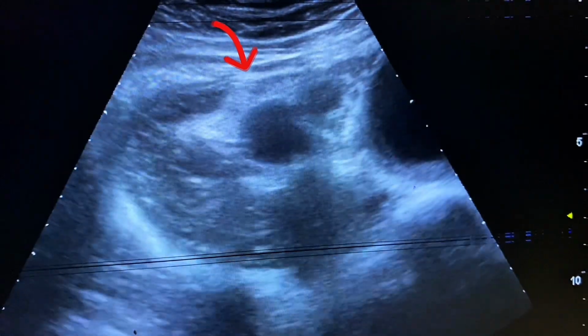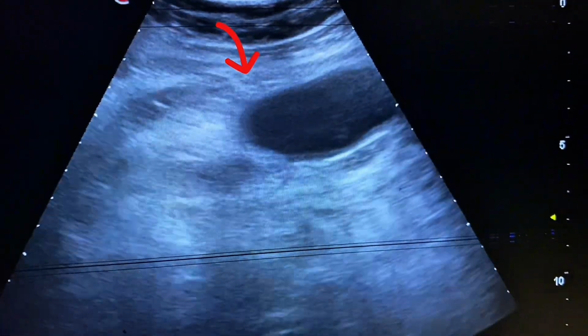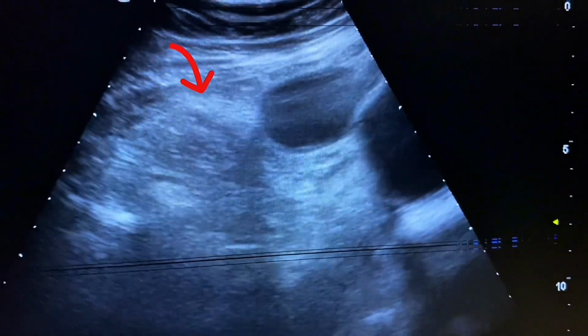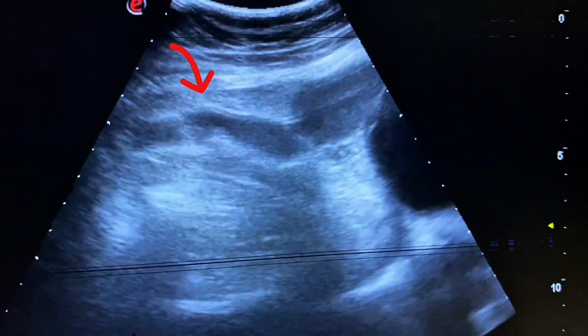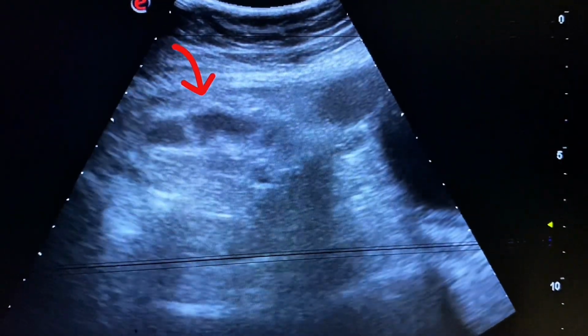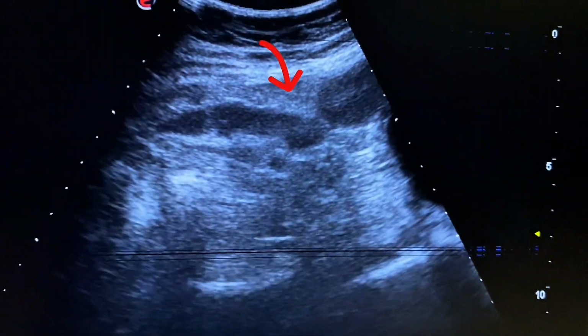Now we continue scanning the tubular cyst in the right iliac region. Here we see another lumen connecting with this tubular cyst. Both tubular lumens are connecting with each other.